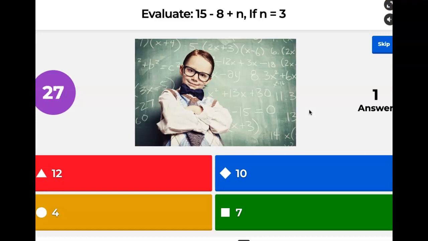Again, order of operations works. 15 minus 8 plus n. What will it be if n is equivalent to 3? Just try clicking it.